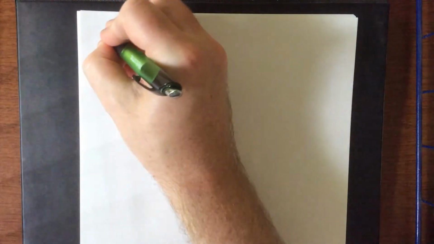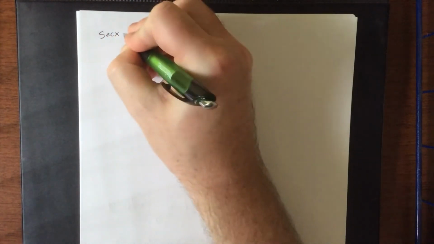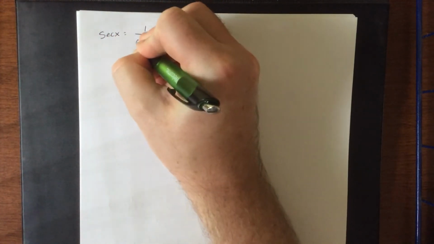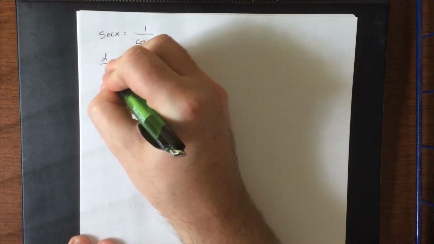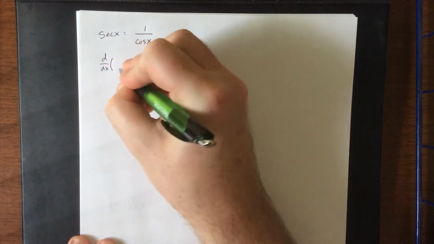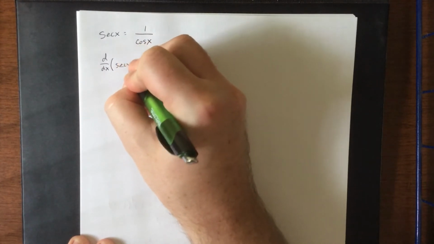Continuing on, we have two more trigonometric functions to introduce. The next one, we'll do the secant of x. Secant of x is equal to, according to the reciprocal identity, 1 over the cosine of x. So technically, if we have access to the chain rule, there's more than one way to do this. What I'd like to do, though, is stick with the quotient rule for the sake of consistency.